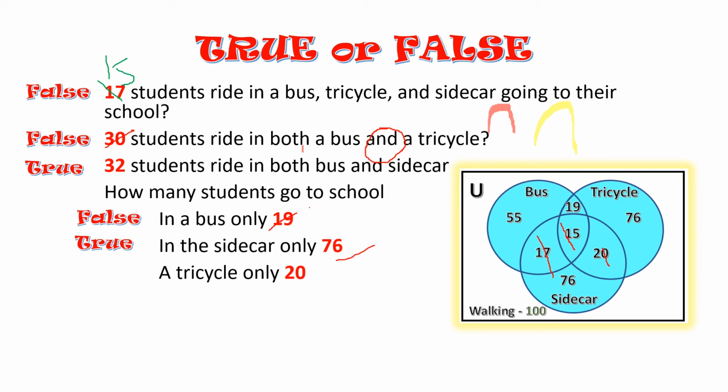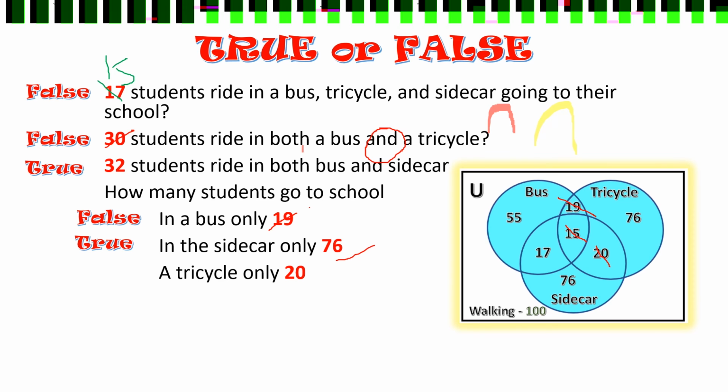Next one, tricycle only. So, where is our tricycle? So, this circle represents the whole set of tricycle. But this time, what we are looking for is tricycle only. So, 19 is with bus, same as 15. Then, 20 is with sidecar.